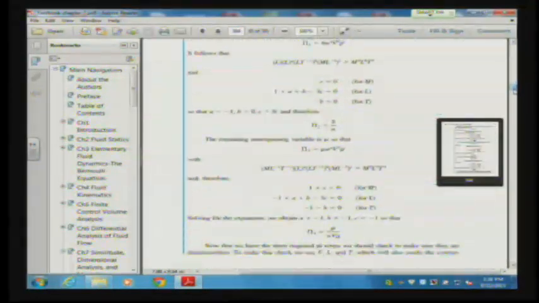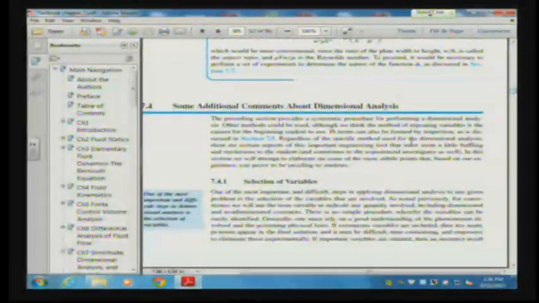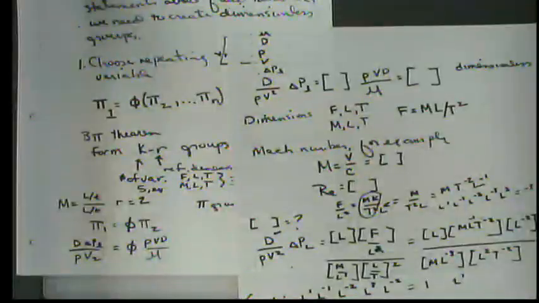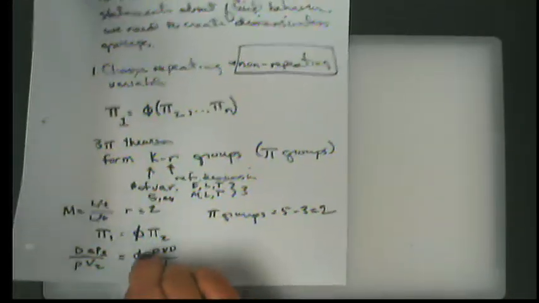Now the rest of this, we just have some examples, and then we have a little discussion here in section 7.4. And this talks a little bit about the selection of variables. Now, for fluids, like we said, not only is geometry important.